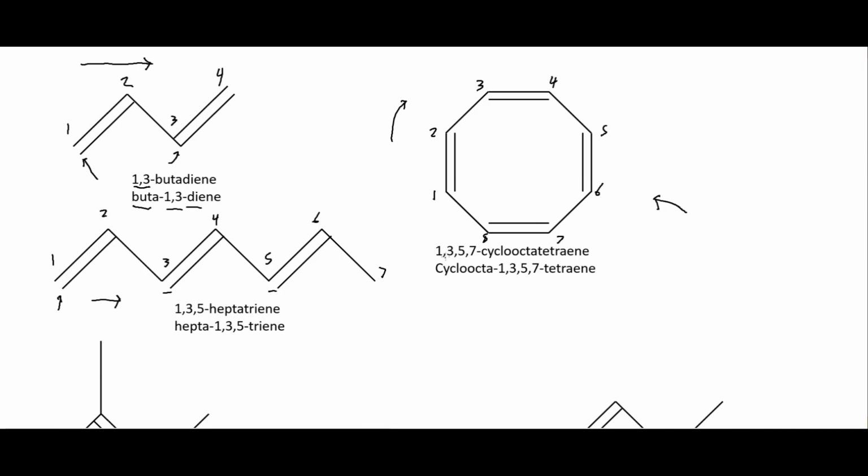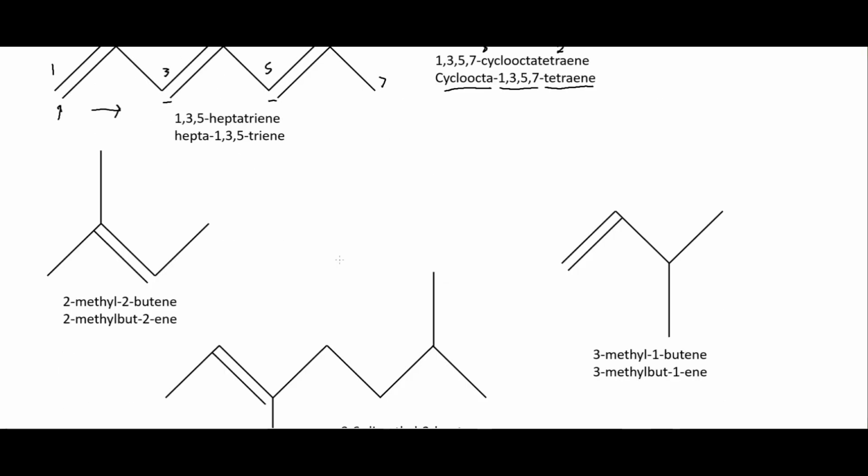And so that's why we have the 1,3,5,7-cyclooctatetraene, or in the newer system, cycloocta-1,3,5,7-tetraene here. And so, you could also go on to pentaenes and hexaenes and things like that in larger molecules.